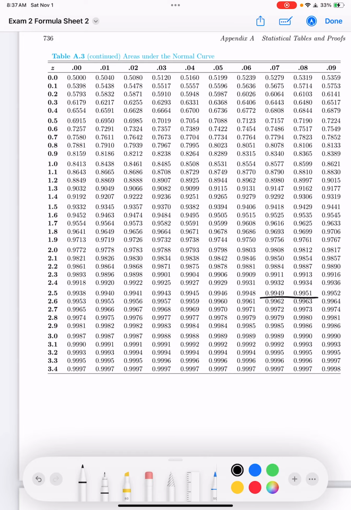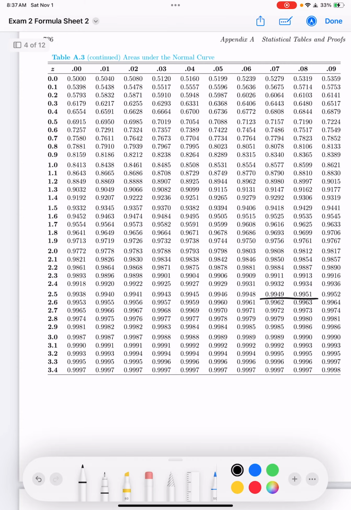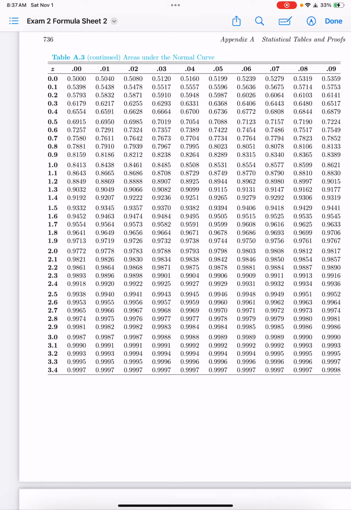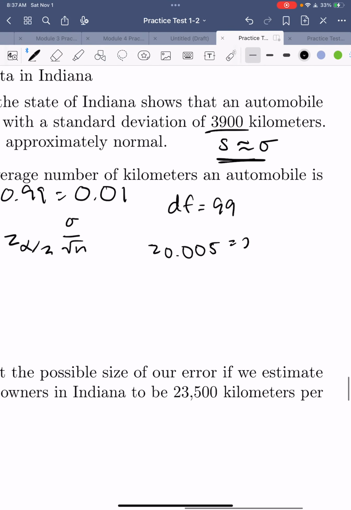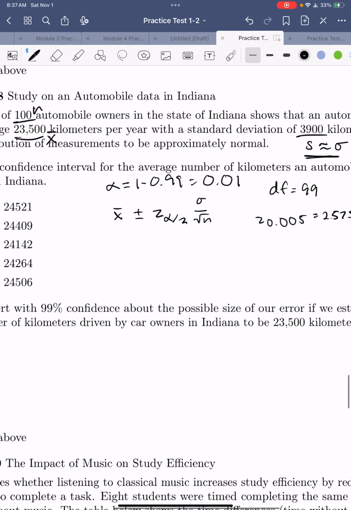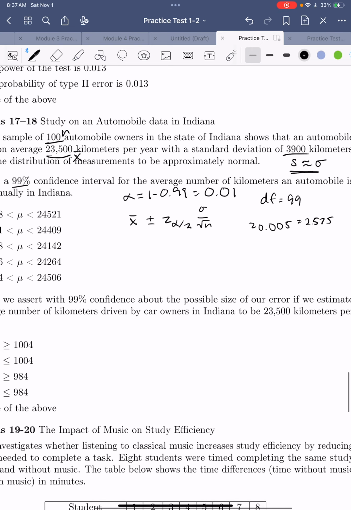And so it's between these two values. So it's 2.575 around. And then we can plug all of this in.